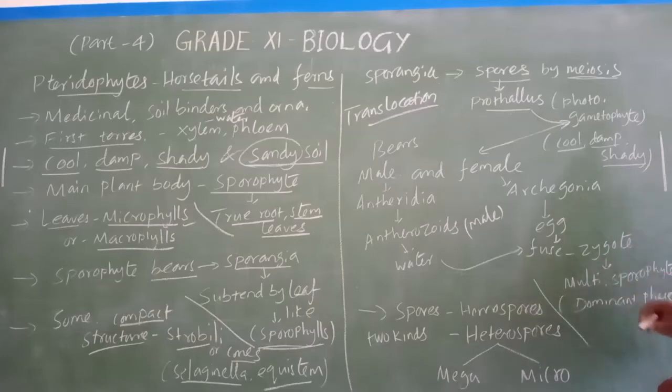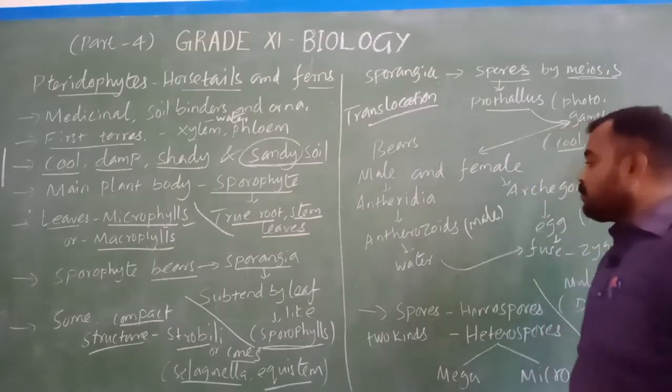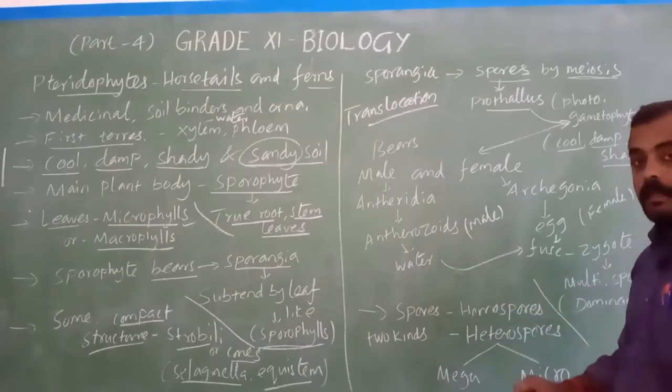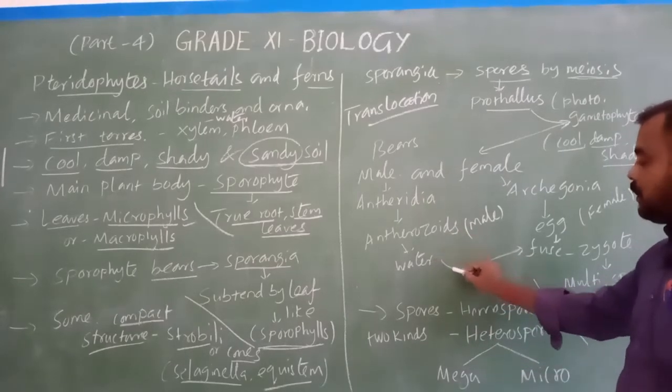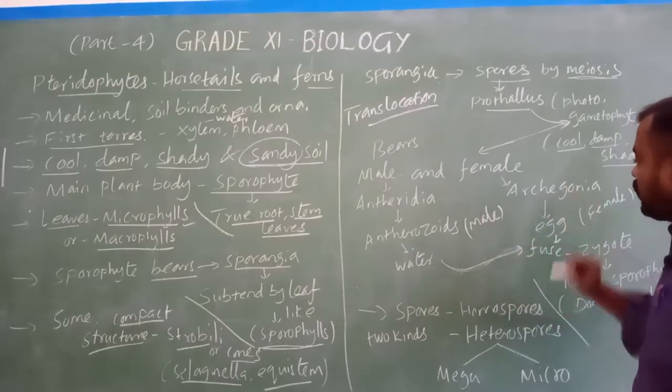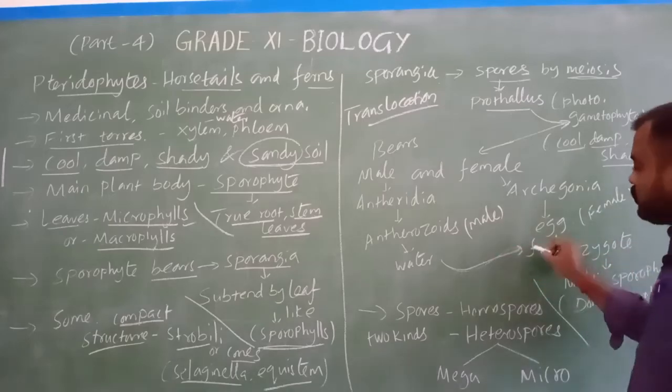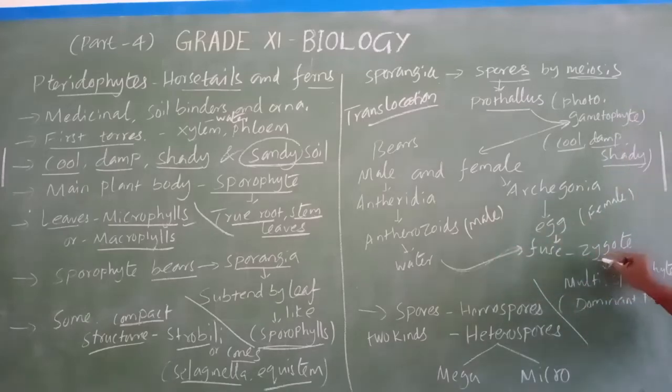The archegonia produce the egg, the female gamete. By water, the anthrozoids get into the archegonia, where the egg is present. It fuses with the egg and produces the zygote in the archegonia.